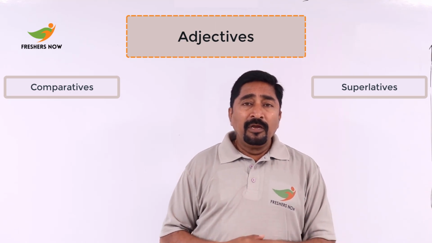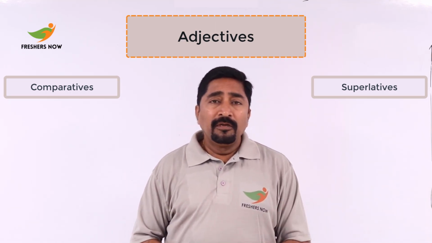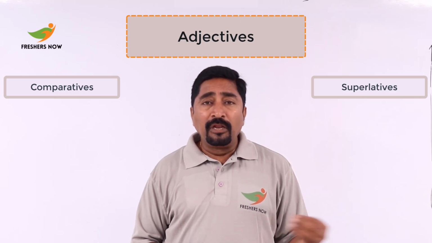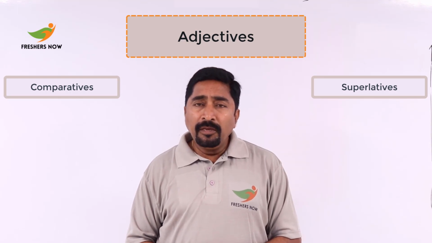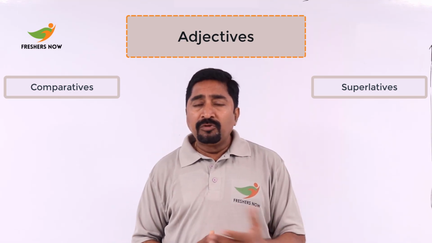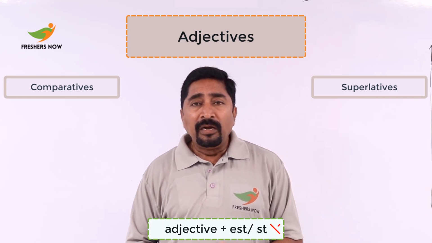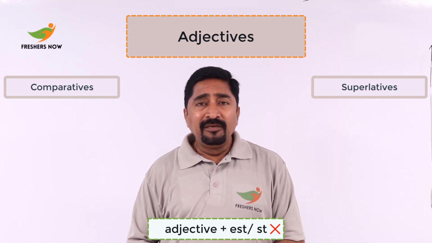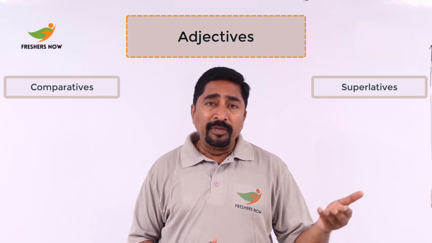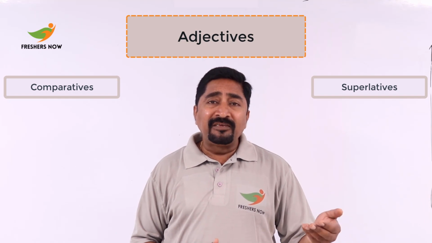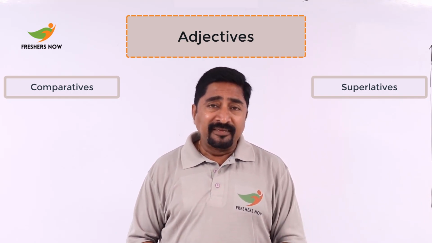For example, I say, this boy is the most brilliant in the class. Here I have to be very careful. We cannot add -est or -st to that adjective, because in English we cannot form a word by adding -est to "brilliant."